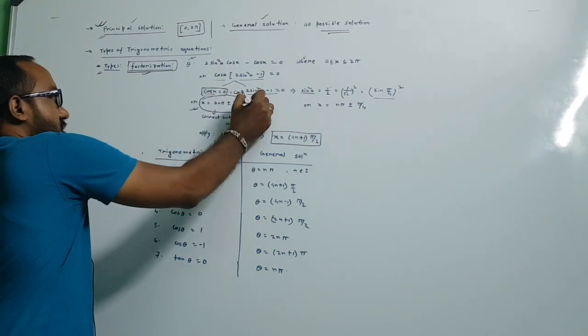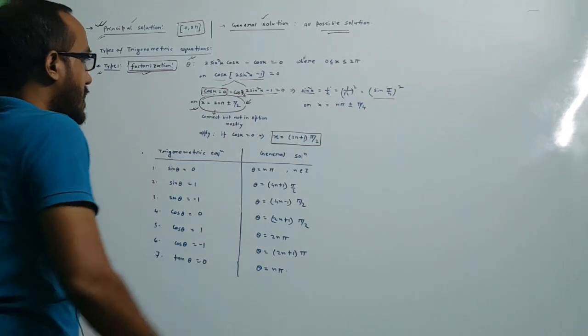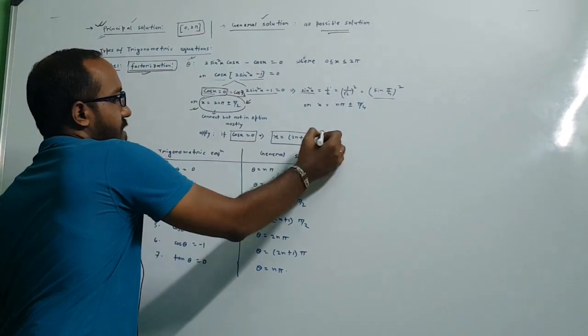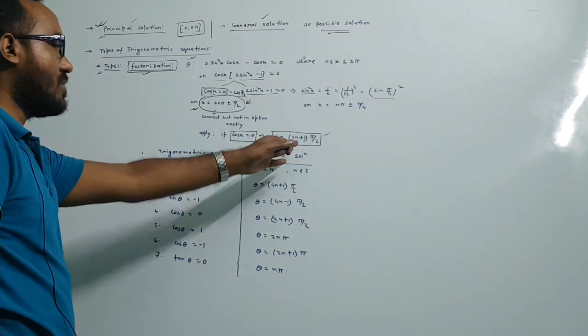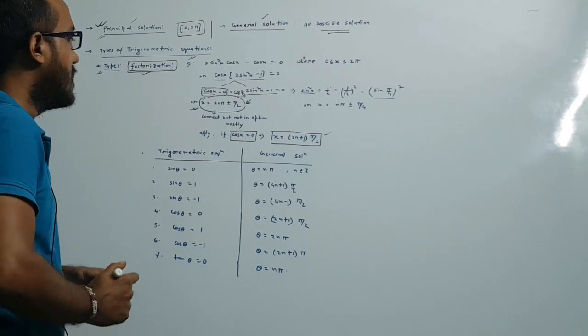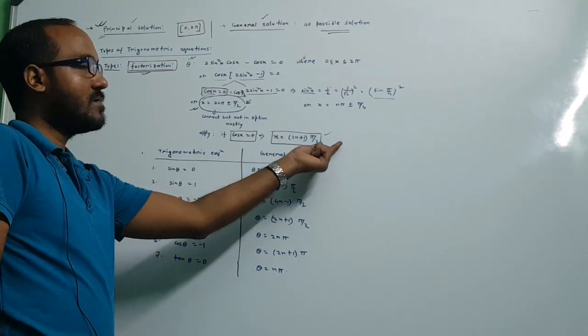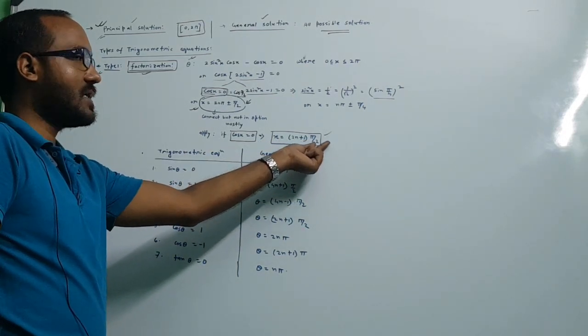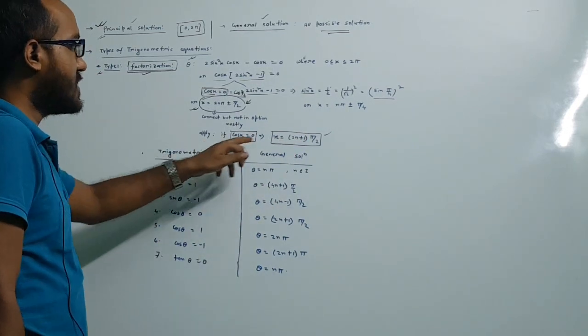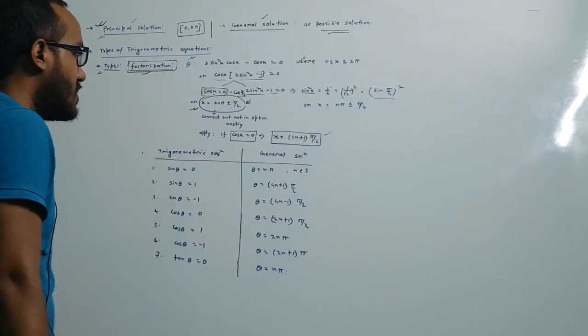You will not see this type of option. Remember this, if cos x equals 0, then x equals (2n plus 1) into pi by 2. You will get the same value, but remember this type of solution, because in the options you will get this type of options, (2n plus 1) into pi by 2. If cos x is 0, then x equals (2n plus 1) into pi by 2.